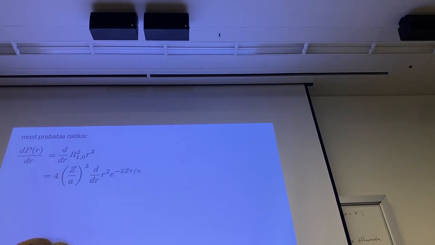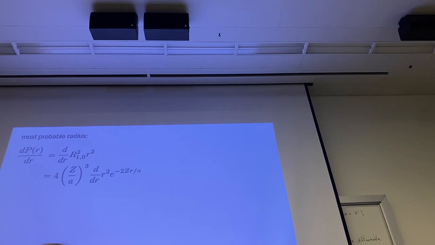This is it. I'm going to take d/dr of r squared and this decaying exponential. I have to use the product rule again, because you can see there are two functions that depend on r. You have to do that properly.